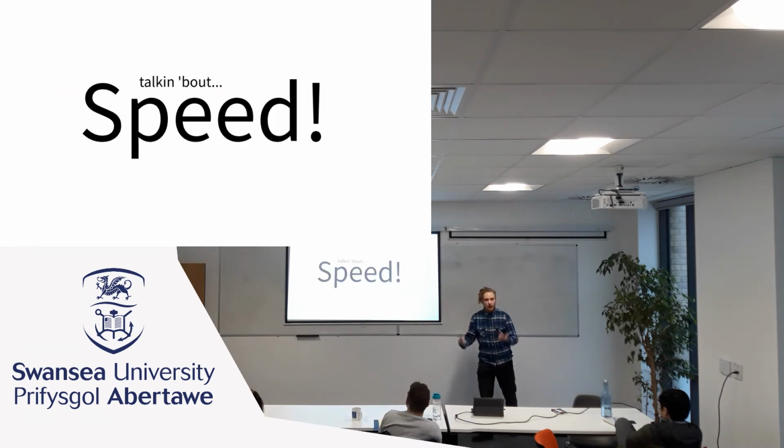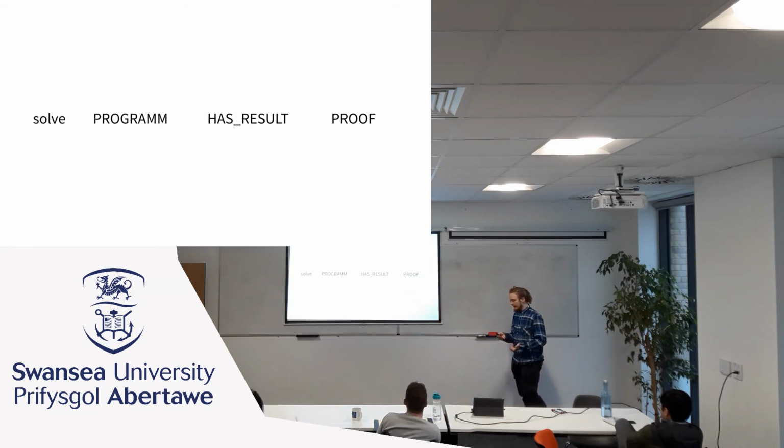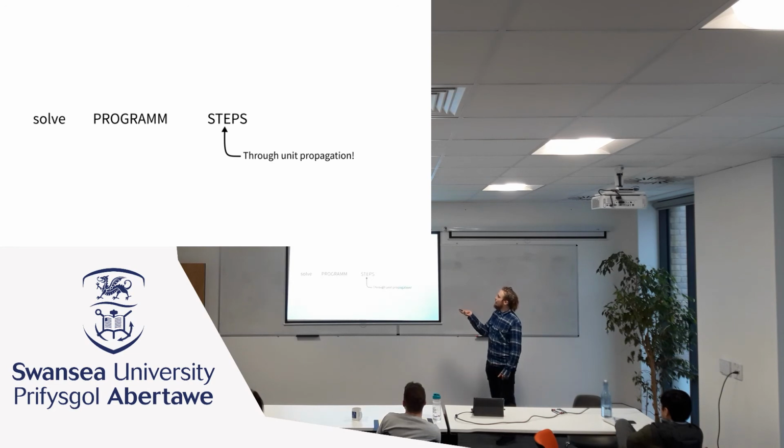So, when we're already talking about speed, one nice thing that we can do when we have our solve predicate, where we give it a program, want to know if it has a result or not, and maybe get some proof, is to formulate this another way: we have a solve predicate that gives out the steps of the computation.